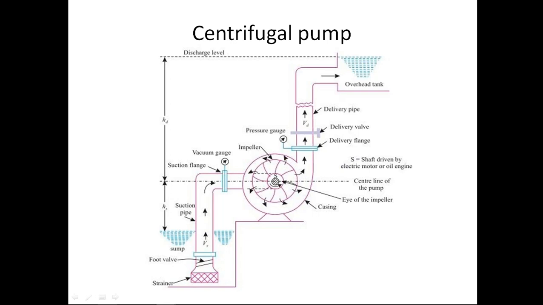The fourth part of the centrifugal pump is the delivery pipe. A delivery pipe, whose one end is connected to the outlet of the pump and the other end delivers the water at the required height, is known as delivery pipe.